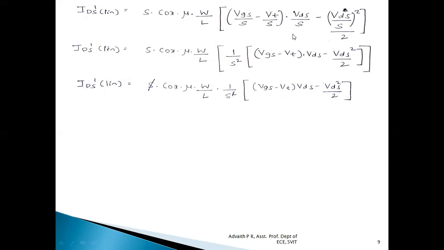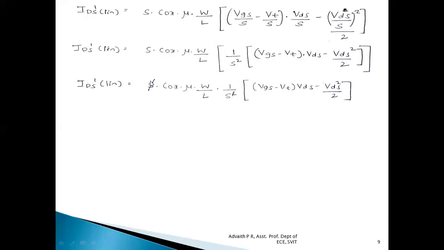So once we reshuffle the equation, we'll get IDS dash linear is equal to S into COX into mu into W divided by L into, I'll be taking 1 by S square as common in this entire equation. So once I take 1 by S square as common, I'll be left out with 1 by S square into VGS minus VT into VDS minus VDS square divided by 2.